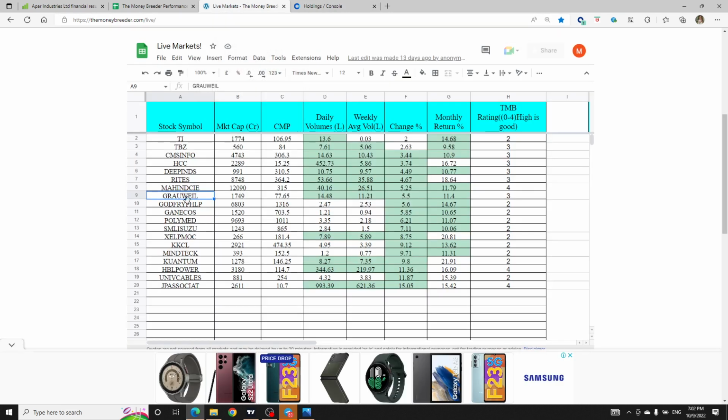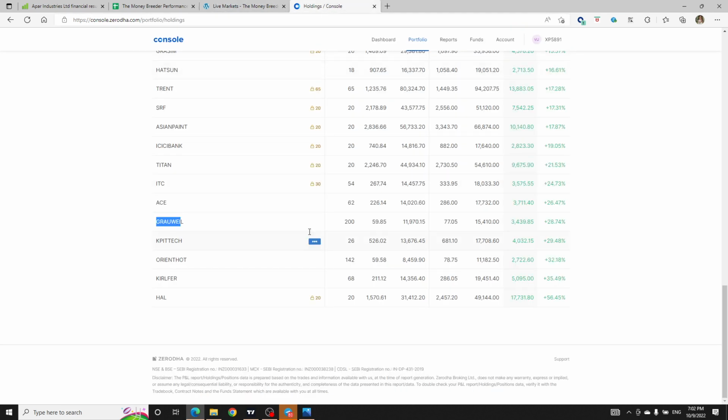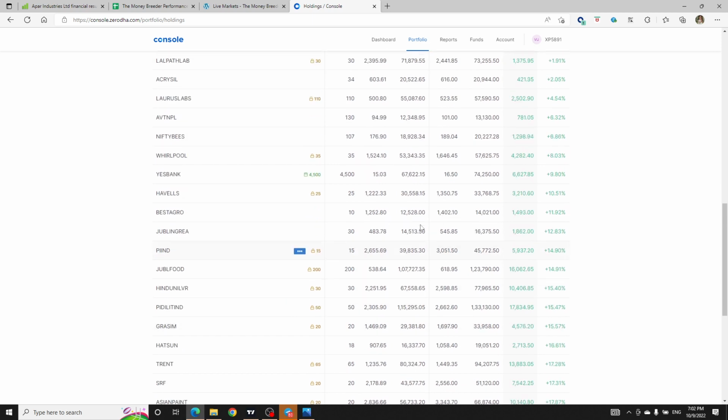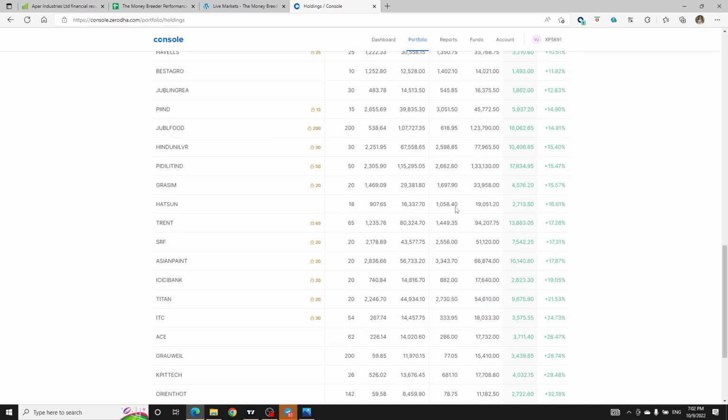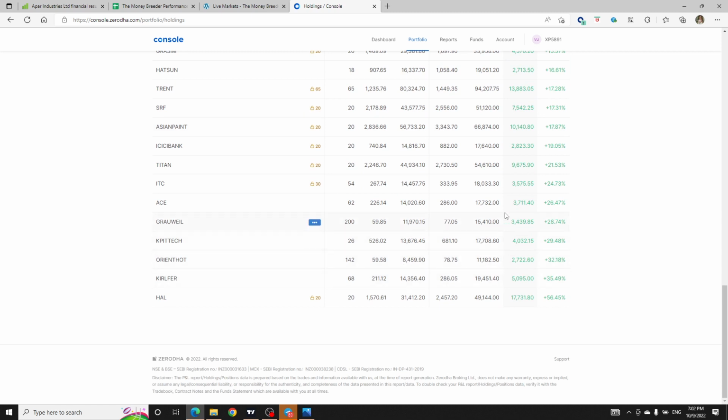This is the live system, live market. I took the entry at an average price of 77, maybe at the lowest. Now I am in profit of 28%. All these are my stocks. Everything I took based on my system only.